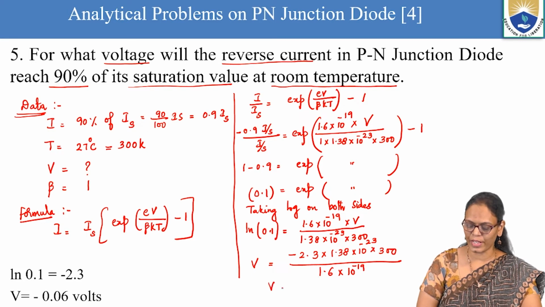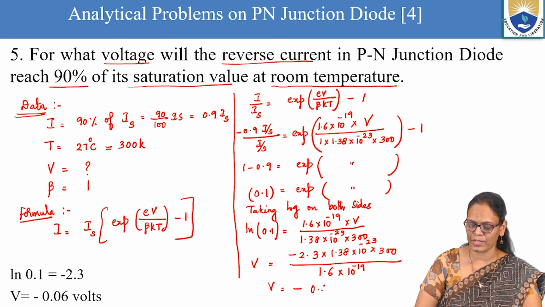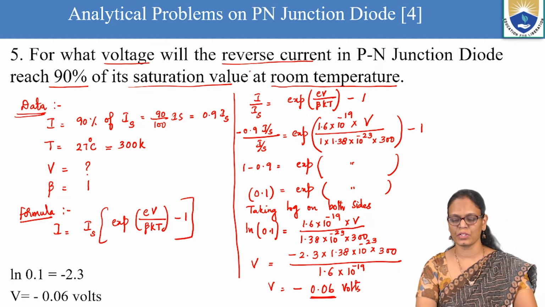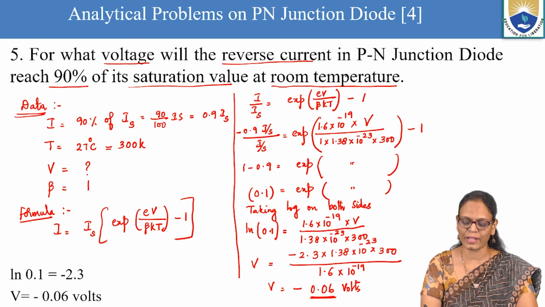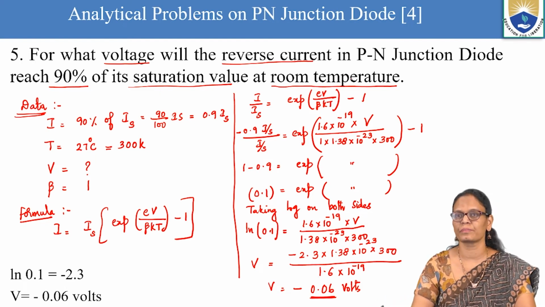So we get the voltage to be minus 0.06 volts. So this is the voltage at which the current will become 90% of its saturation value at room temperature.